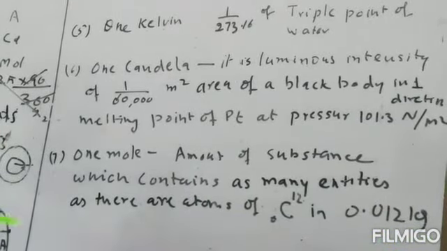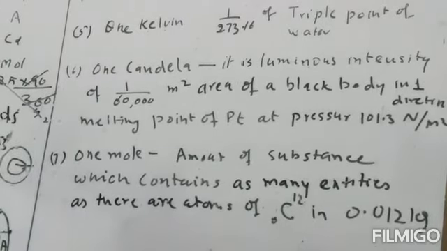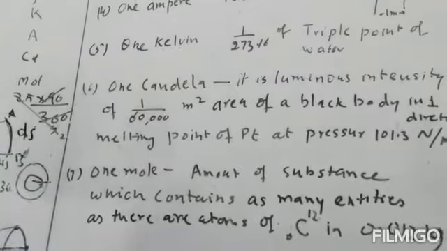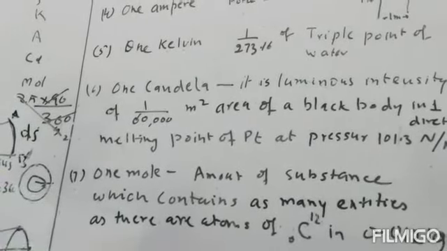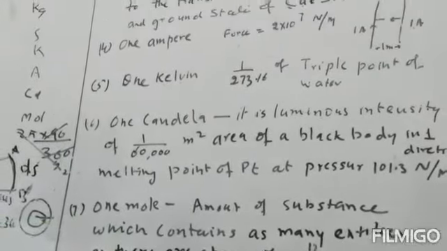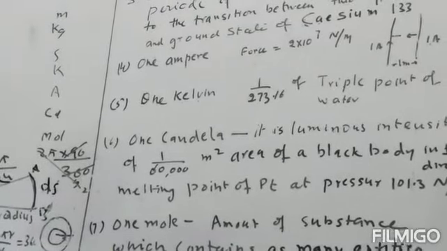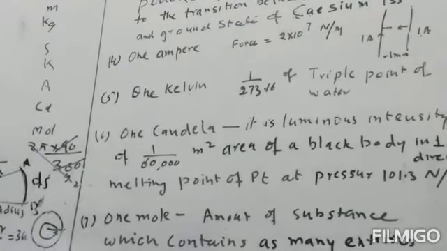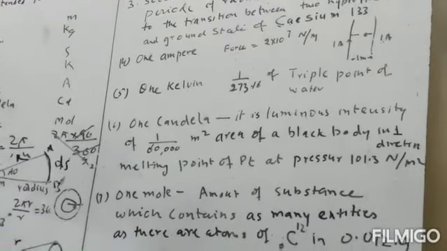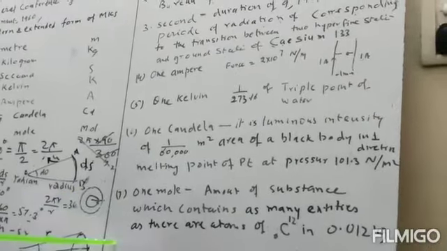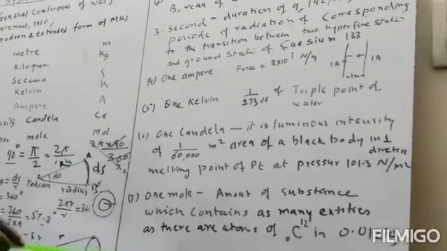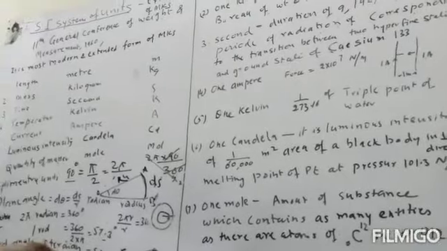So these are all the 7 fundamental quantities, and we have discussed the definitions for all of them. The supplementary units, radian for the plane angle and steradian for the solid angle, I have discussed earlier.